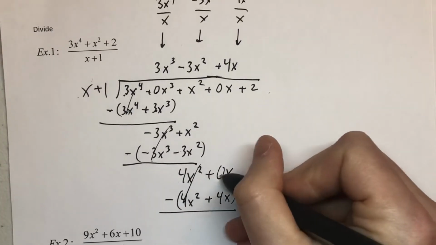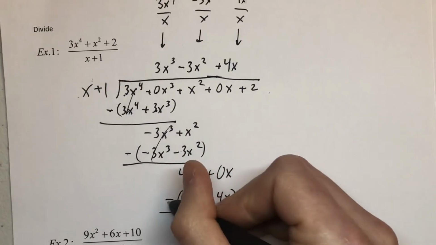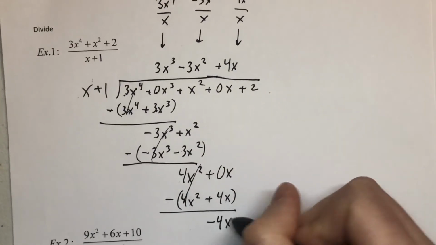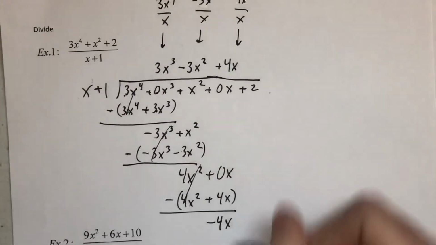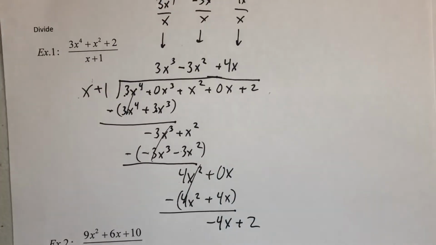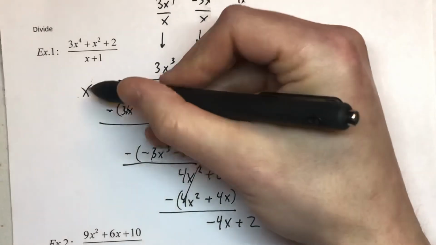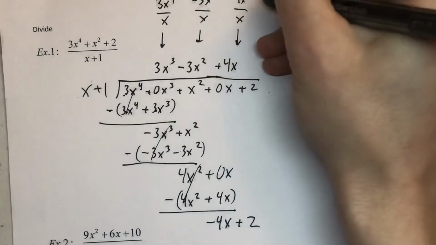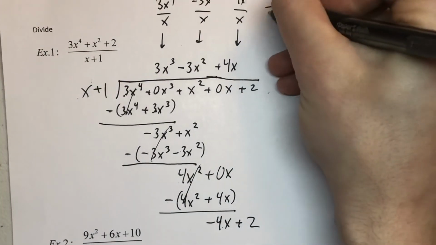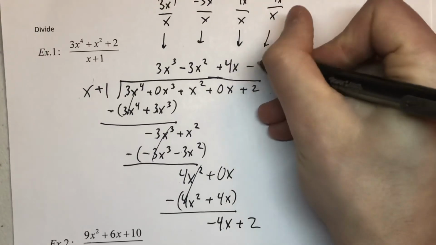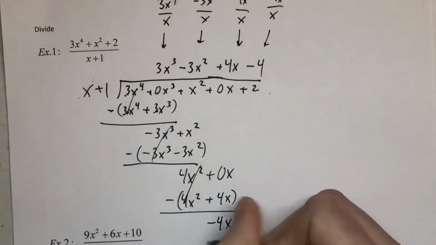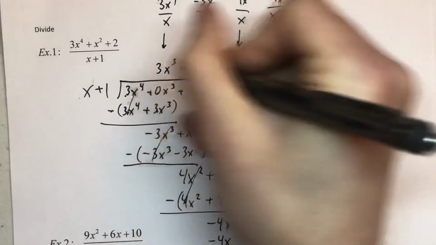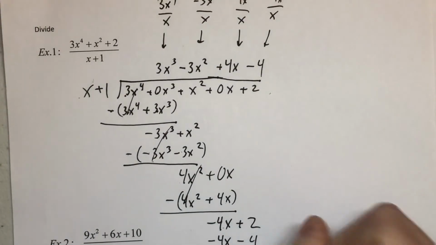And for the x's, 0 minus 4, right? So that's a negative 4x for a result there. Bring down the 2 for our final cycle. x to negative 4x, right? We're asking, what do you multiply x by to get negative 4x? Well, just the negative 4. So negative 4 times that x is the negative 4x. Negative 4 times the 1 is negative 4.